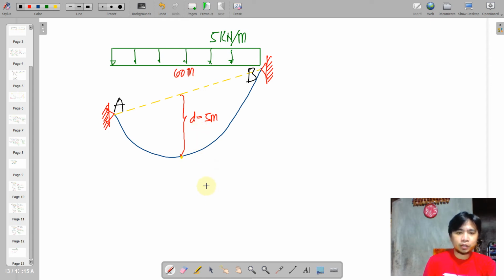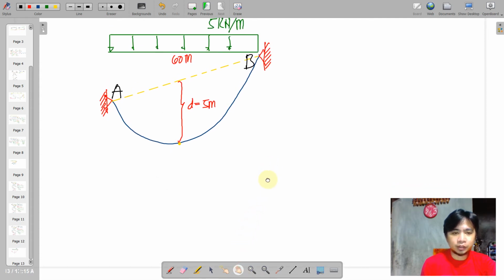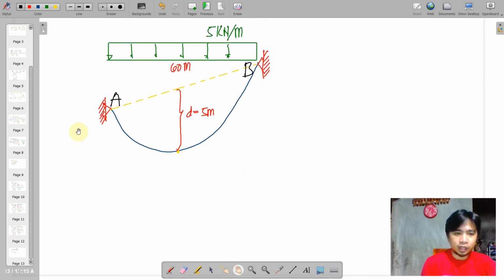So basically, we are going to separate our free body diagram, considering the left portion and the right portion. I'll just consider the left portion anyway.